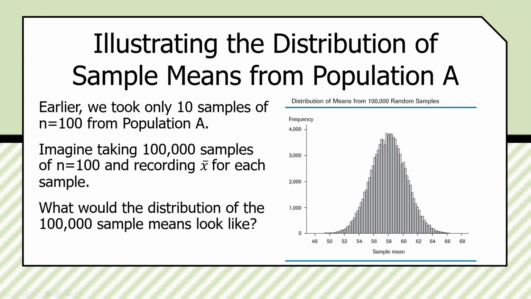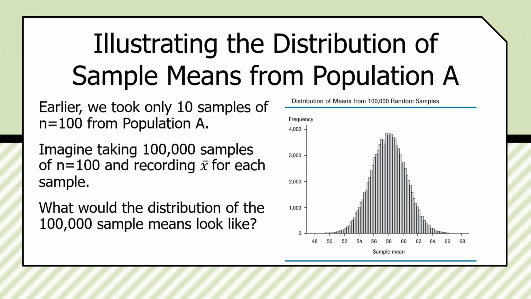And this has a familiar shape, doesn't it? The first thing to notice is that if you take a very large number, in fact, the theorem says an infinite number of random samples of size 100 from that population, it will have a normal shape. This is called the normal distribution. The normal distribution, as we'll see in a bit, has known properties.